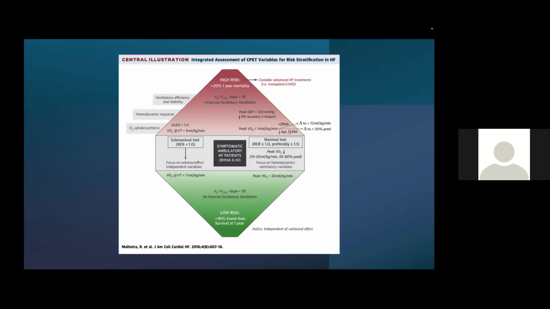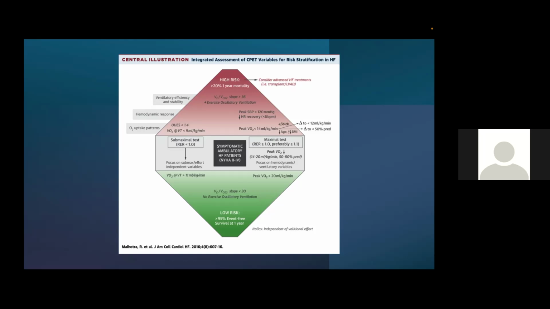If the patient has those numbers or most of them, that means the patient is high risk and mortality is very high, and we should consider advanced heart failure treatment, either transplant or LVAD. So it's very helpful to identify those patients.